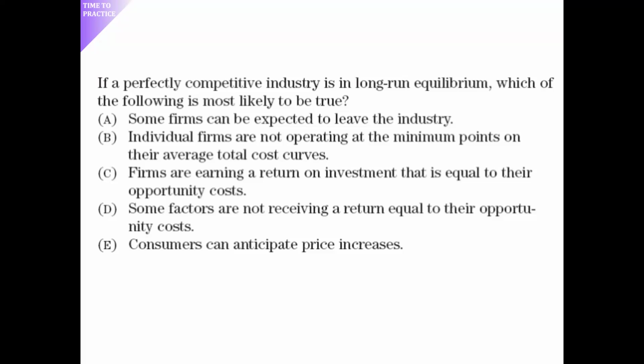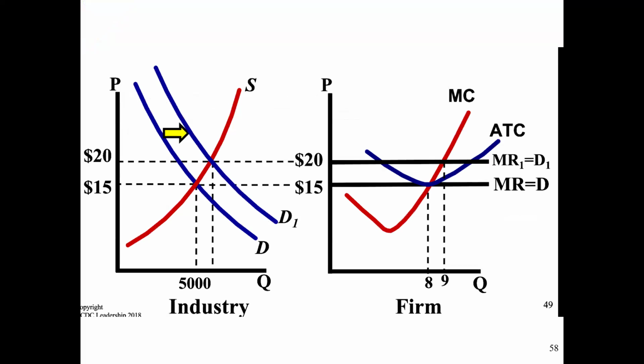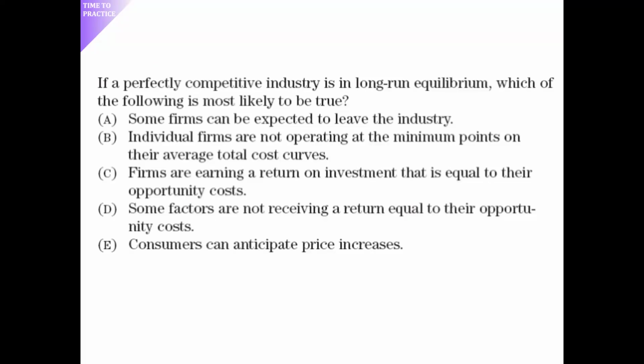If you're in the long run, your firms are operating at minimum average total cost. So B is not correct. Firms are earning a return on investment that is equal, so their total revenue is equal to their total opportunity cost, zero economic profit.